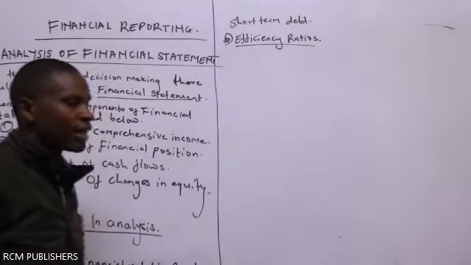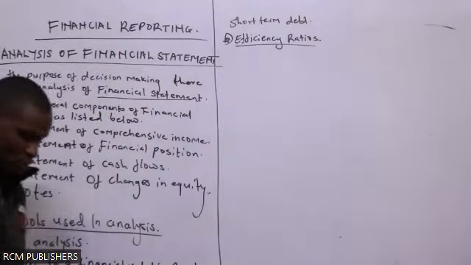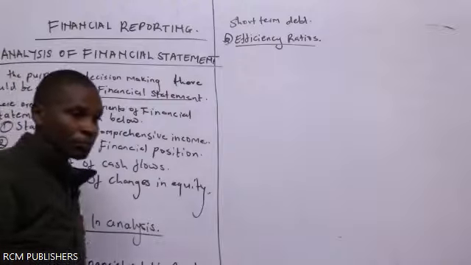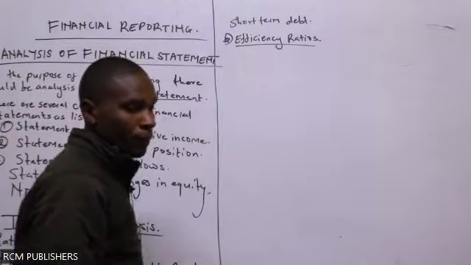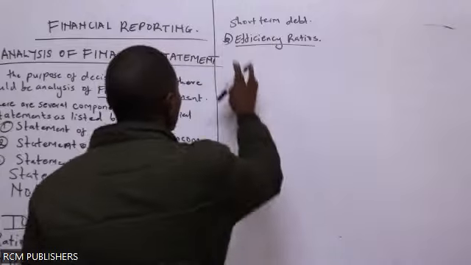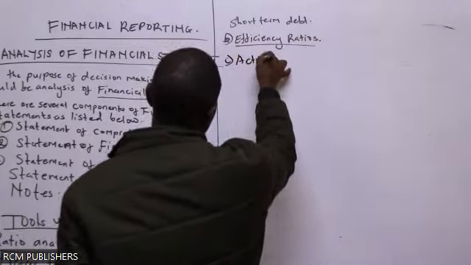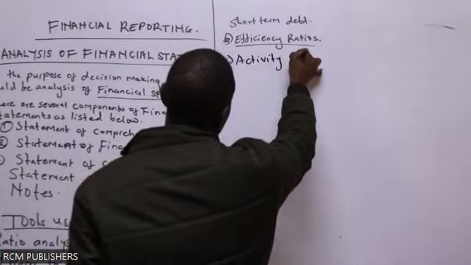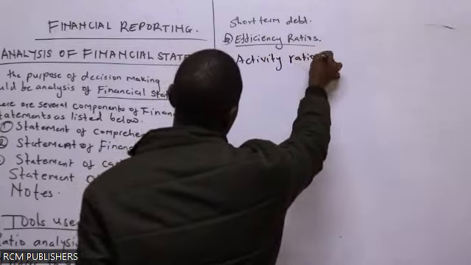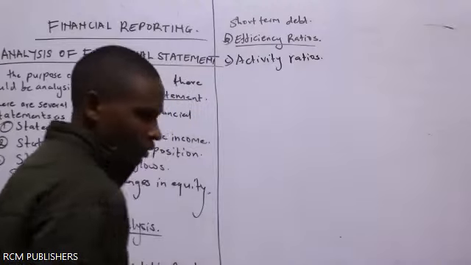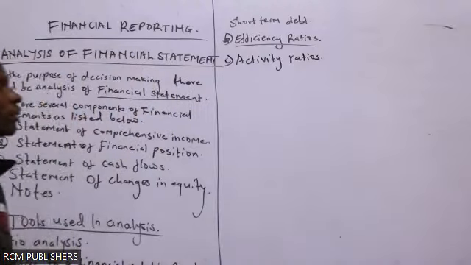Who can tell us what efficiency ratios are used to show? And then the other one is activity ratios. Like the way we have said that liquidity ratios show whether the company is able to pay its short-term loans, what about the efficiency ratio?